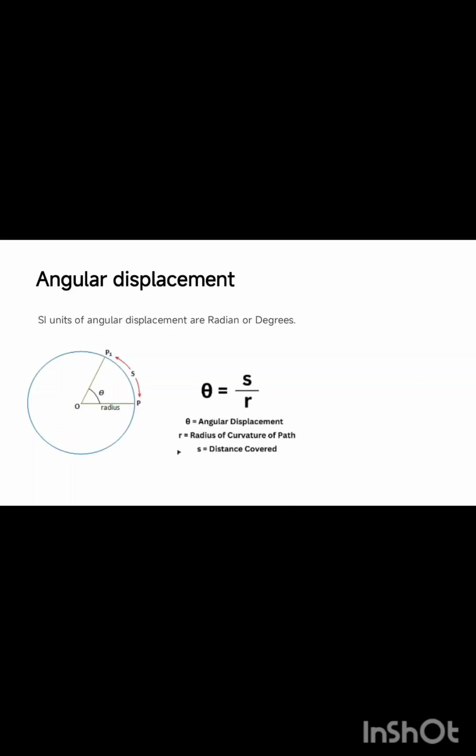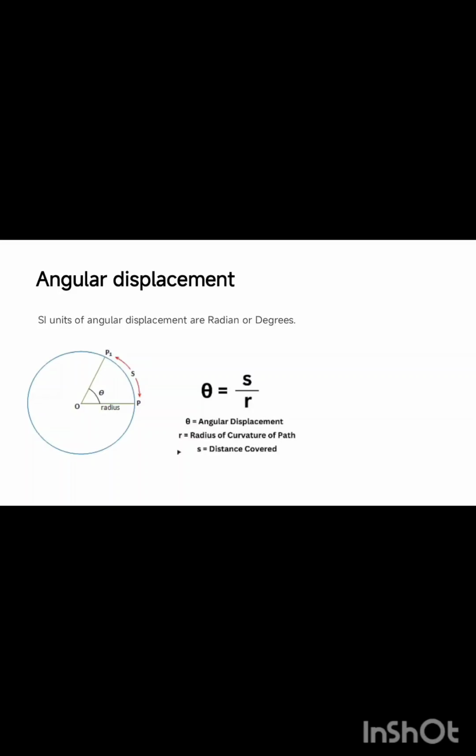So this theta, that is the angle, is basically the angular displacement covered by the object. So from here we can write the formula that the angular displacement theta equals s over r. S is the distance covered, the linear distance or the displacement covered by the object. R is the radius.